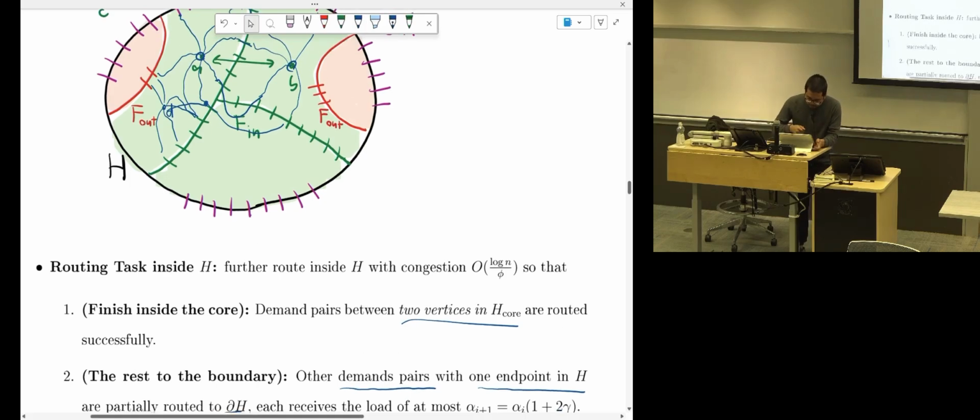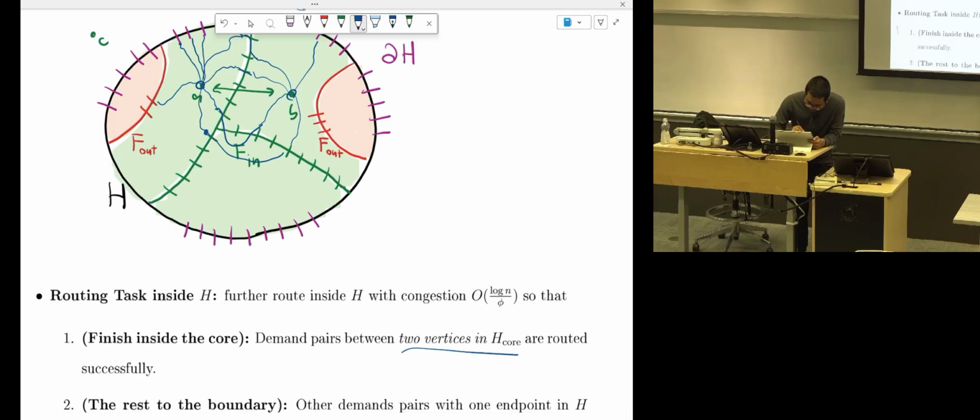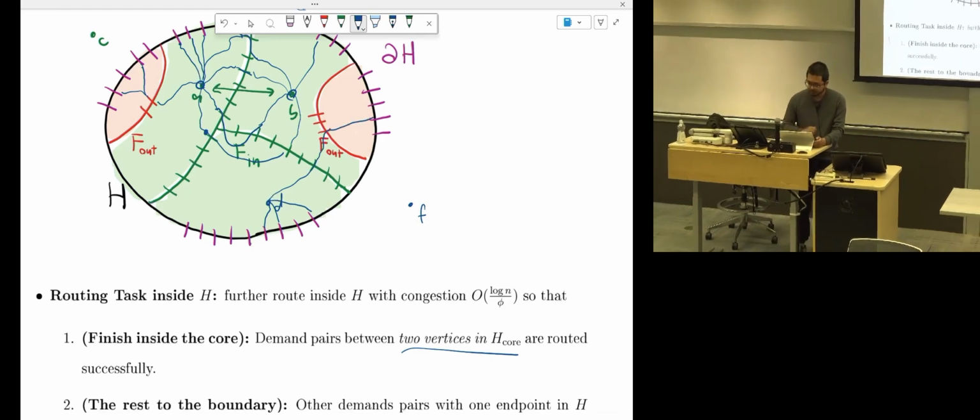So, for example, the flow that I try to route to C, I just send to the battery here. Maybe here I just try to send to the battery further. I try to send flow to the battery of H, right? So if I have some demand, I don't know, D and F, I just try to send to the battery.